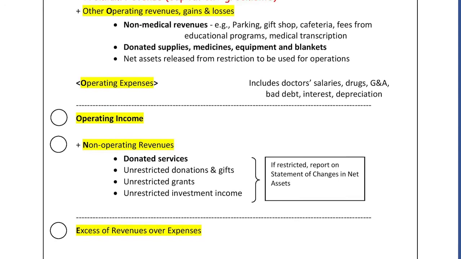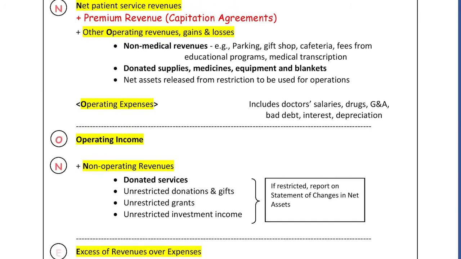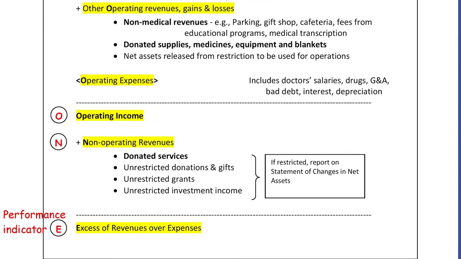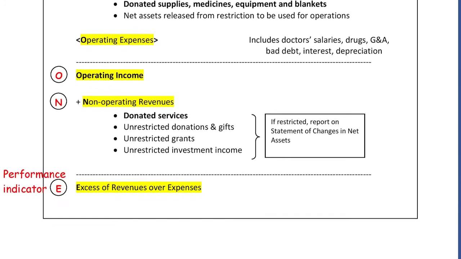Now, I want you to fill the bubbles with a mnemonic, NONE, none, and the E of none is the performance indicator. So the excess of revenues over expenses on this statement of operations is the performance indicator for a healthcare organization.